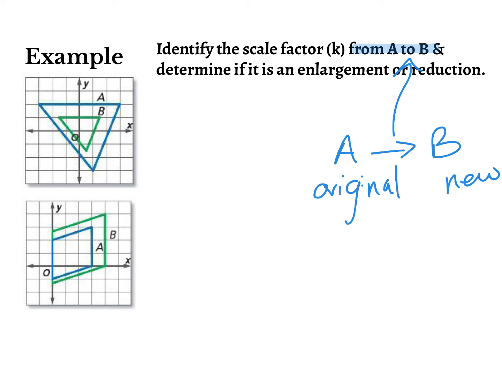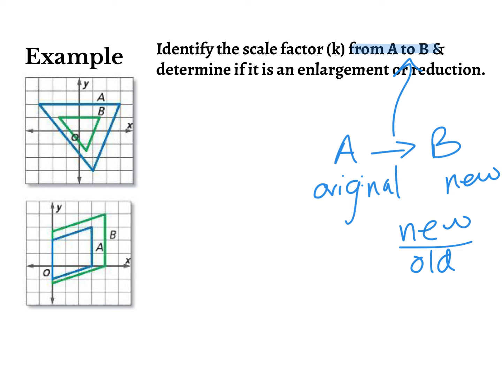Whenever you're finding your ratios, we do new over original, or new over old, and we go in that direction. Looking here, we're going from A to B, from blue to green. I can already see this is going to be a reduction because it's getting smaller in size.